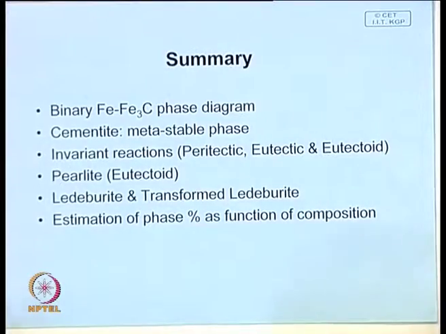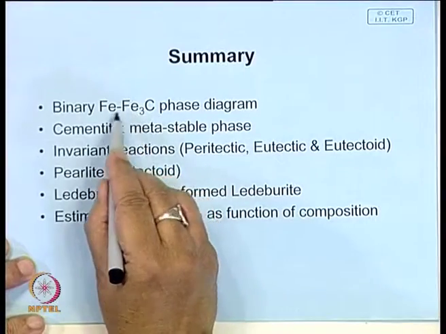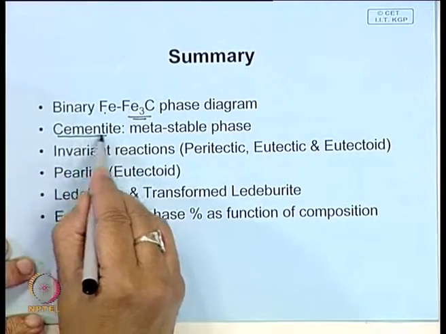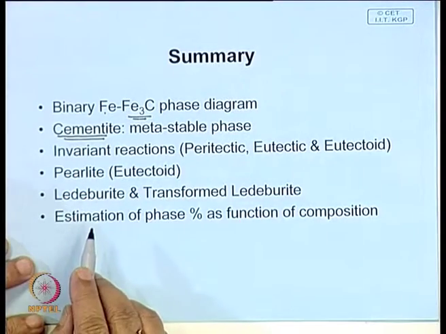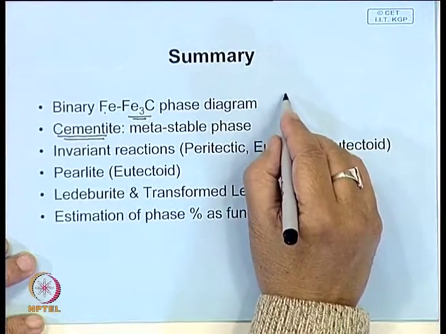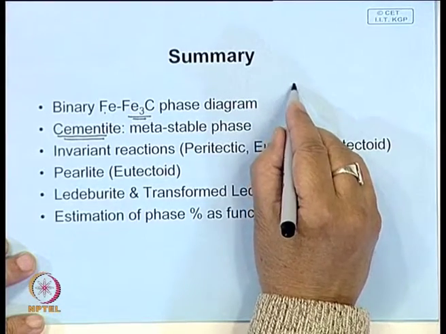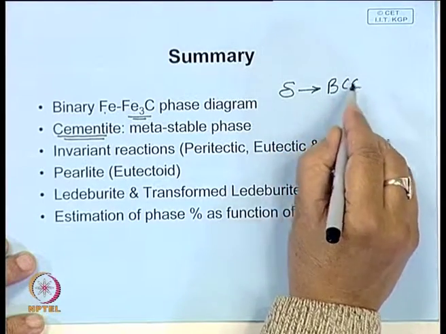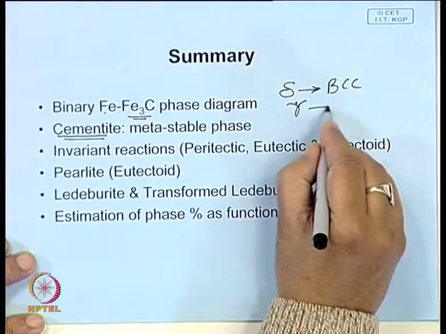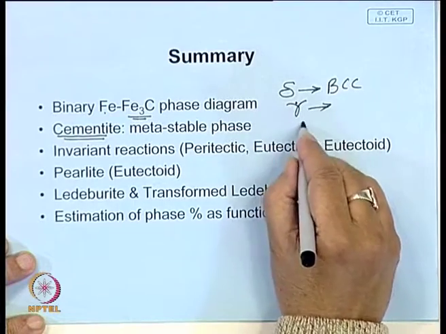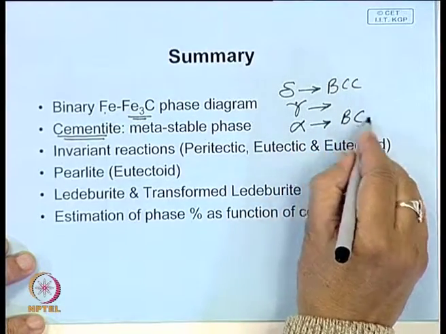So, what we did today is we looked at the binary iron-carbon phase diagram. It is basically the iron-cementite phase diagram. We talked about cementite, which is a metastable phase. We also talked about the crystal structures of iron and how they are known: delta, which is BCC, called ferrite, then austenite, and then the low temperature BCC structure.